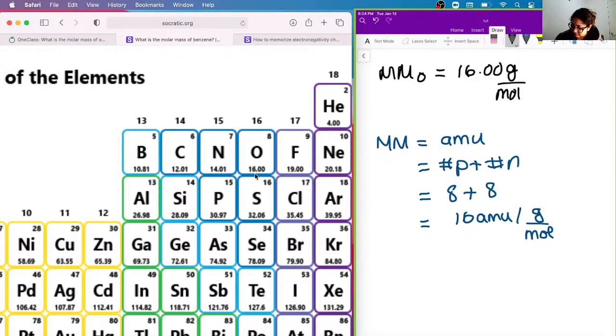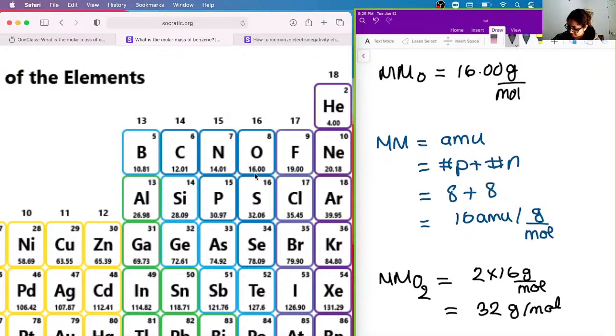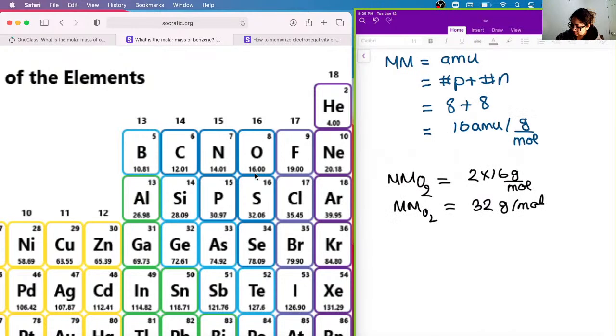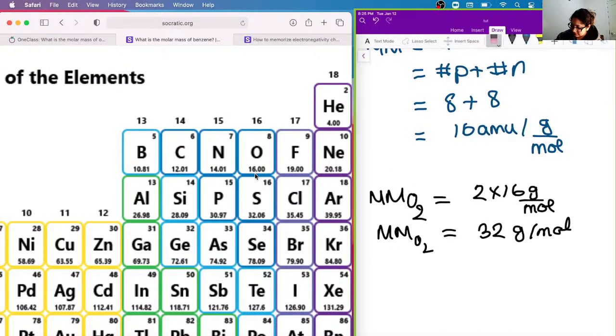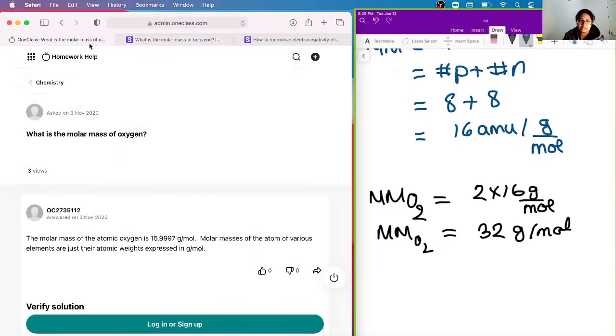So we can also say the molar mass of oxygen gas is equal to 2 times 16, so in this case, it would be 32. So that is naturally occurring oxygen. However, this is the answer though. So 16 is your answer.